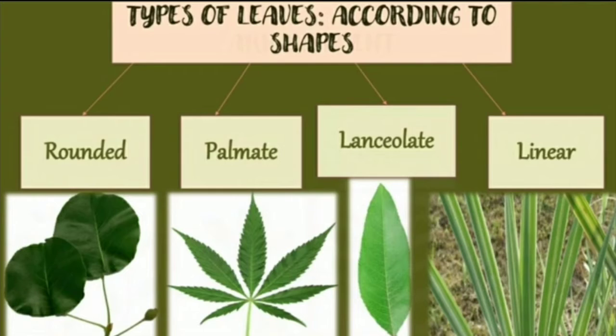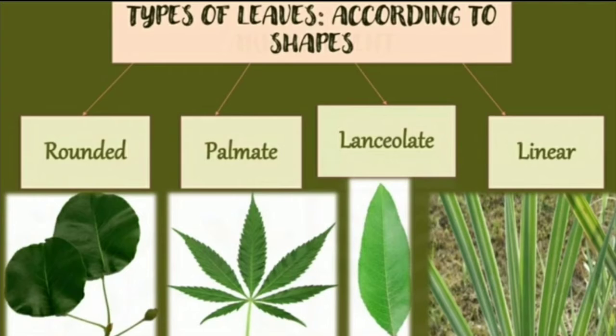Third one is lanceolate. A leaf tapering to a point at each end. You can carefully observe the picture of lanceolate, children. What you can observe is that the leaf is tapering to a point at each end, right?